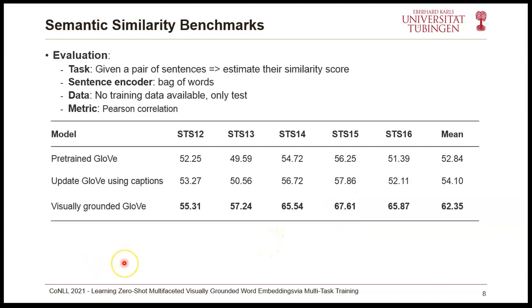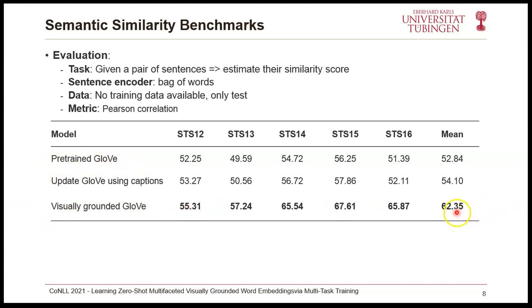We also evaluated our embedding on a sentence-level task. Here the task is to estimate the similarity score between two sentences, and there is no training data, so it truly measures the generalization power of each embedding. You can see the performance of pretrained GloVe on the first row, and on the last row, you can see the performance of ours.